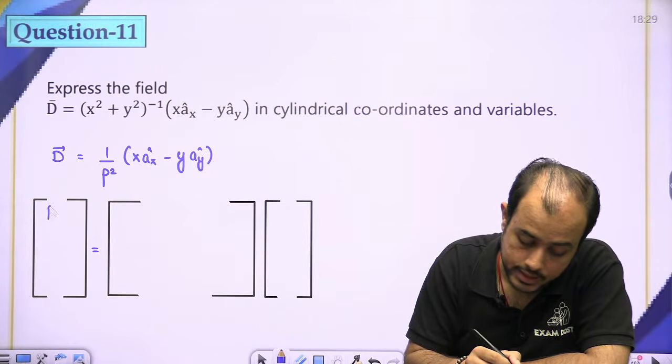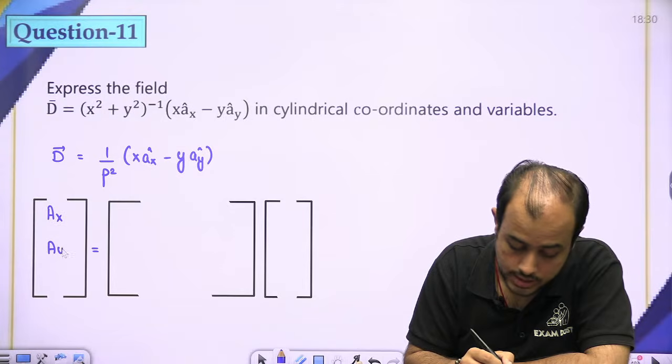Now the matrix that you have learnt is cylindrical to Cartesian.